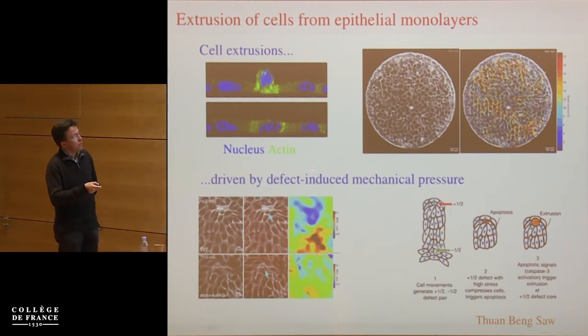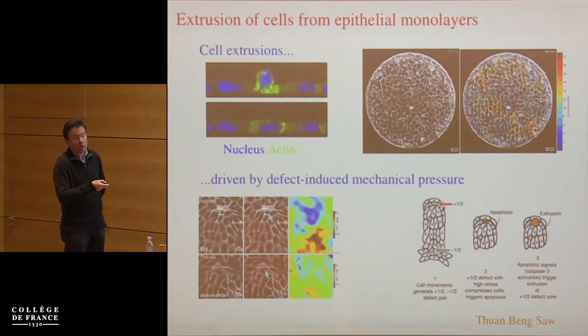Now, if we look at the tension field, the blue color corresponds to negative values, and we see that there is here a domain of negative tension, so positive pressure, in the vicinity of the extrusion. So in fact, we have correlation not only between the topology of the nematic field and the extrusion, but also between the behavior of the stress field in the system and the presence of the extrusion. So I will not get into detail, but give you the gist of this story.